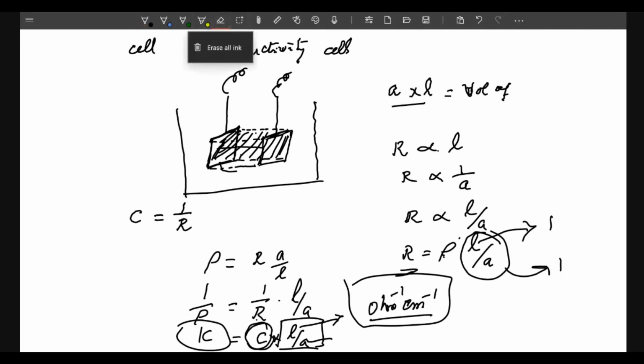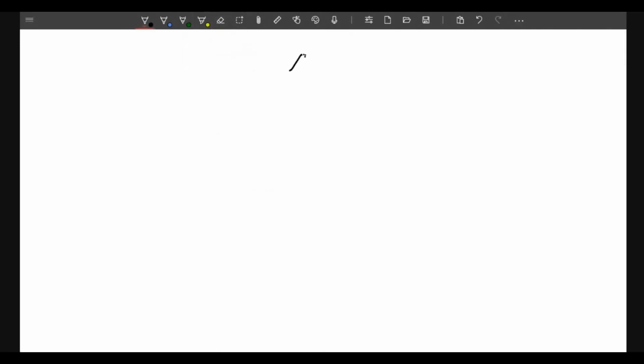And next, the specific conductance of the electrolyte can be converted into the equivalent conductance of the electrolyte, lambda, as kappa into 1000 by the normality of the solution.